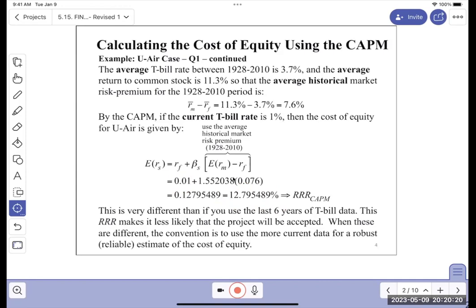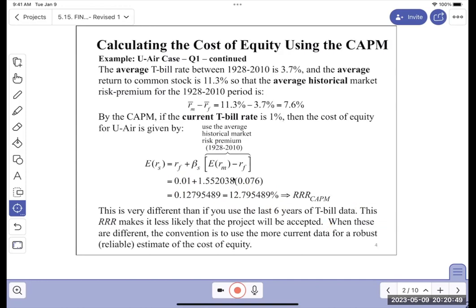So you have to make an executive decision. What are you going to do? The numbers are very different. So you have to have a rationale. My rationale is that since these are very different, and this is a very high number, it exceeds the internal rate of return for the project, and this makes it impossible that the project will be accepted.